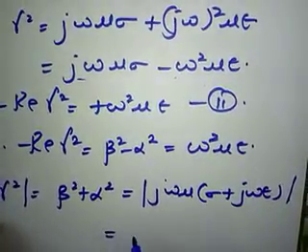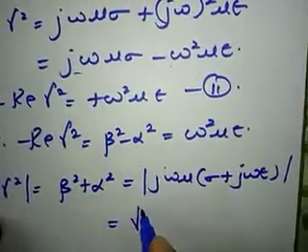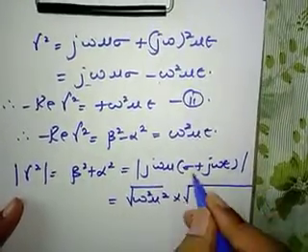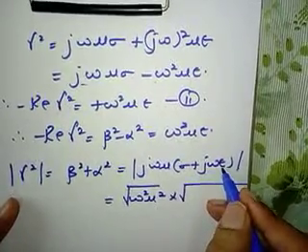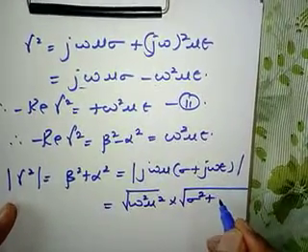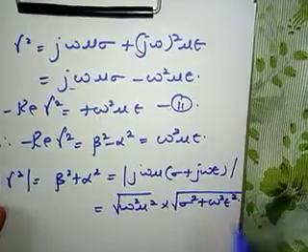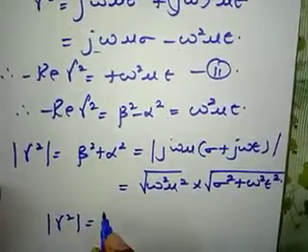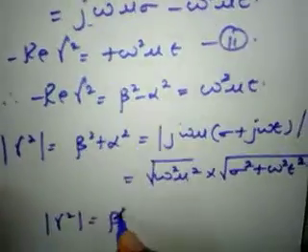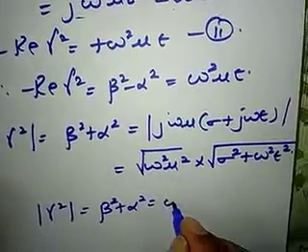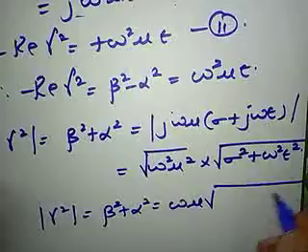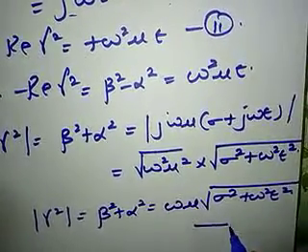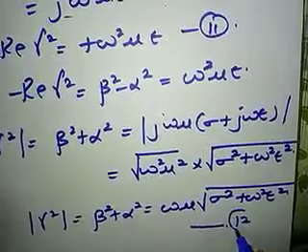If I take the absolute value, we get omega times the square root of mu square, into the square root of sigma square plus omega square epsilon square. So the absolute value of gamma square, equal to beta square plus alpha square, is equal to omega mu into the square root of sigma square plus omega square epsilon square. Take this as equation 12.